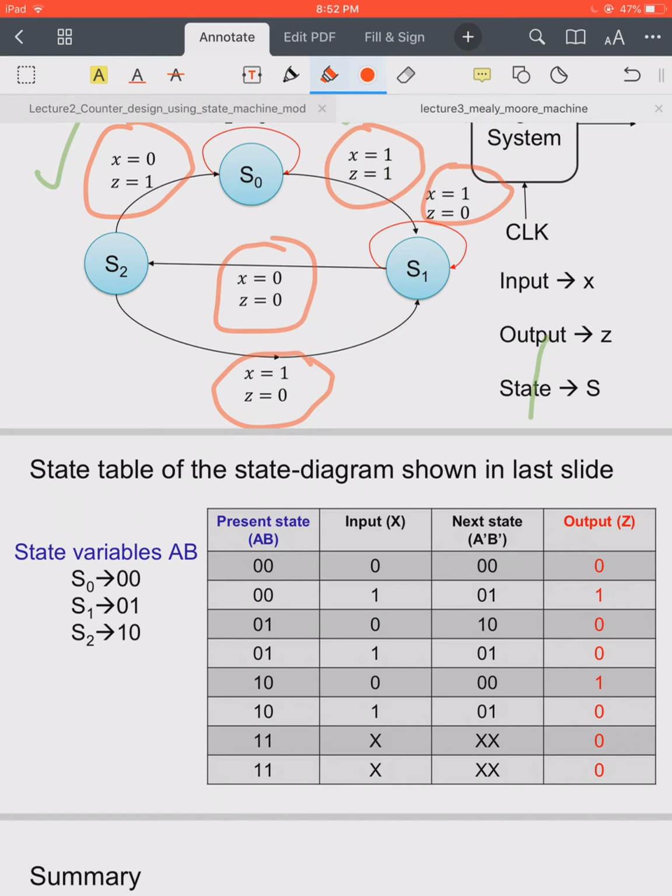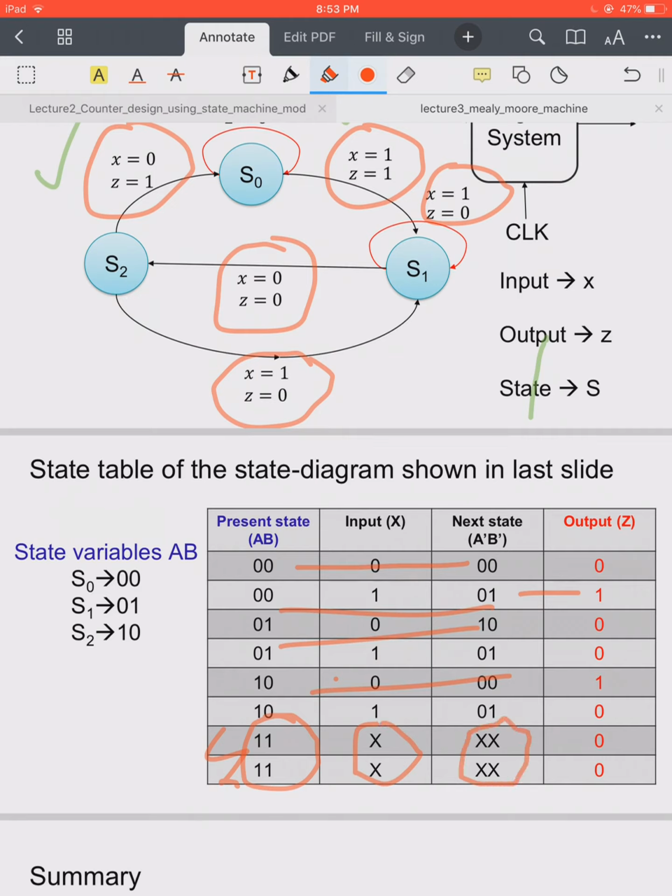For each transition the next state and corresponding output have been defined. For the last case, 1 1, this scenario will not arise because there is no S3, so there is no 1 1 state. So there is no question of input; the input is don't care, and the next state is also don't care.